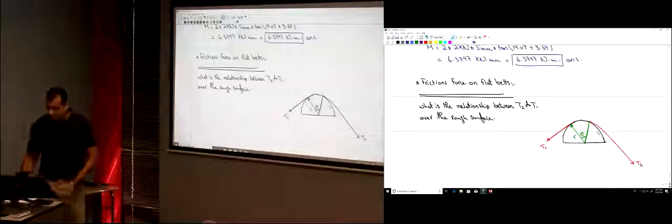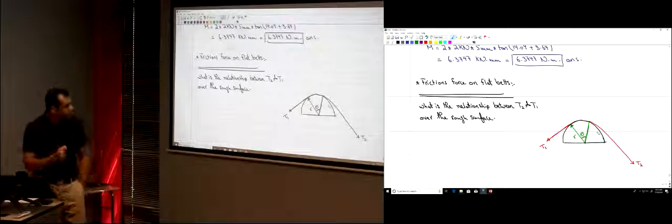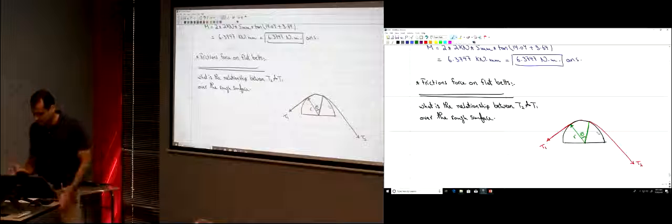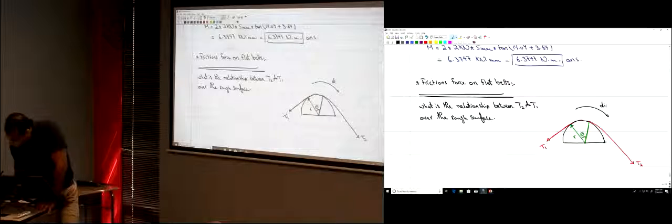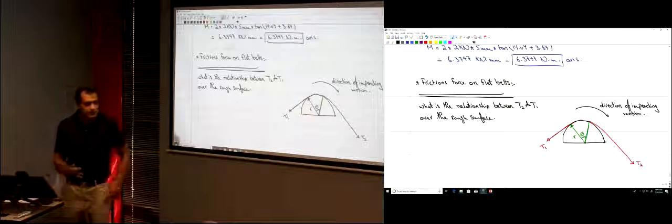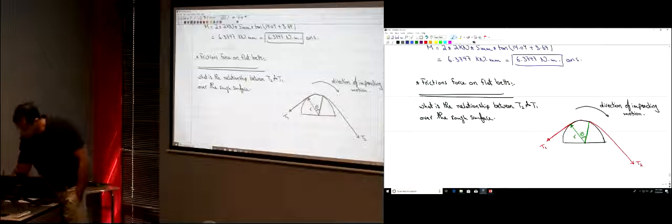So if I'm applying this force T2, T2 wants to move or pull the cable, but it's not moving due to friction, so this is the direction of impending motion. So that means that along the contact between the cable or the belt, where's the contact?